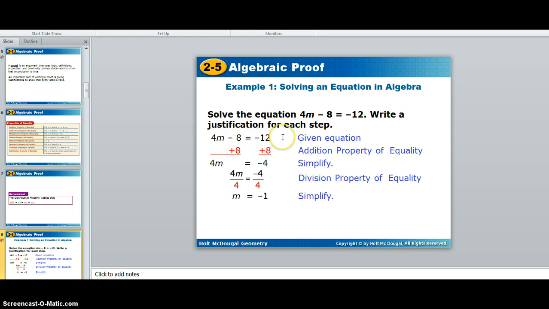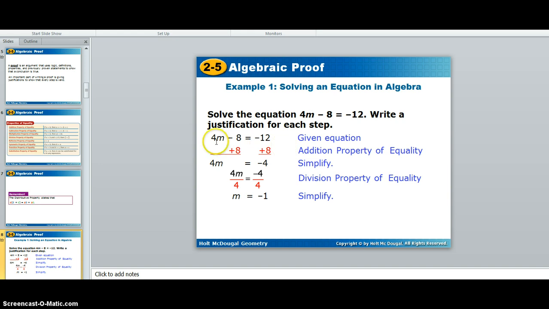The first part is just given; that's what was given to us. Then the first step is to add 8 to both sides. We're adding the same number to both sides of the equation, and we call that the addition property of equality. That's how we justify this next step.